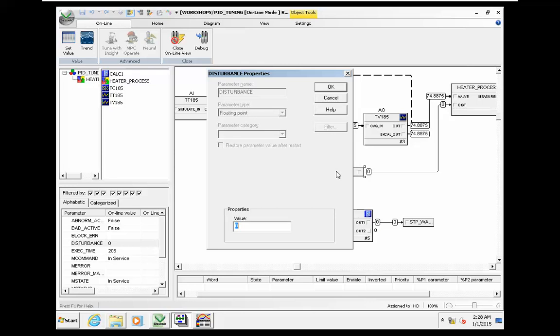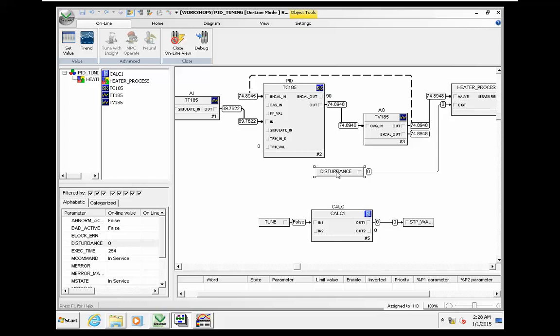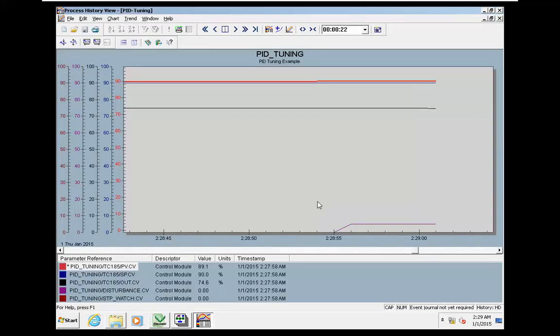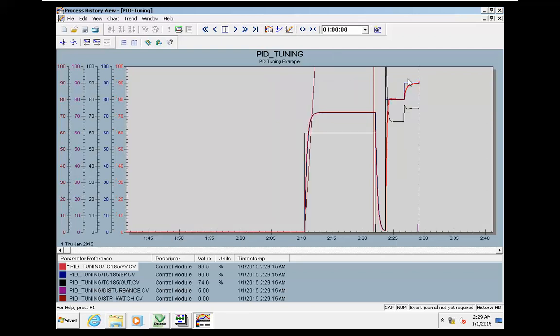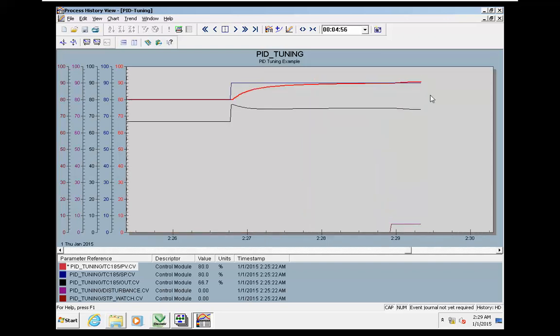Now I will apply 5% of disturbance in the process and see what will happen here. We have a very slight change in the process, and the PID controller will compensate that very quickly.